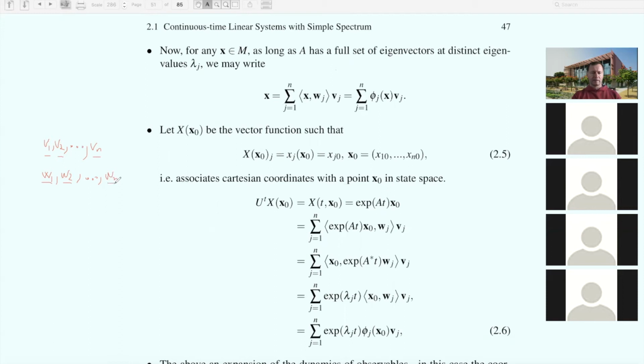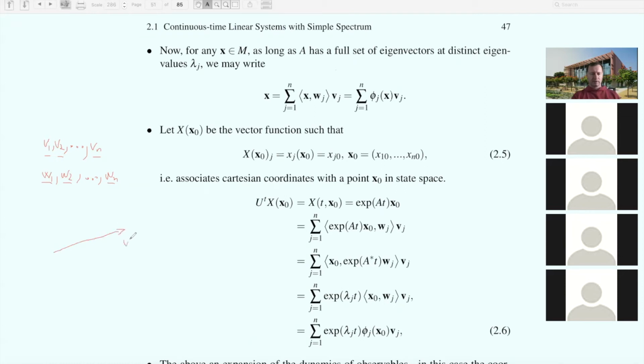And remember that I'm using dashed lines on the bottom here for boldface quantities. So any vector can be expanded in terms of eigenvectors vj by basically projecting, or getting the quote unquote coefficient of x in the direction of vj, by inner producting it with wj.